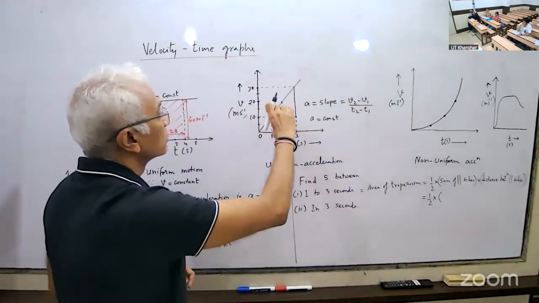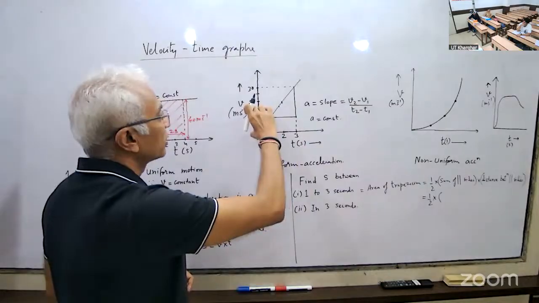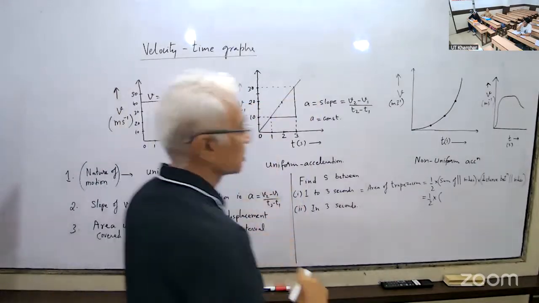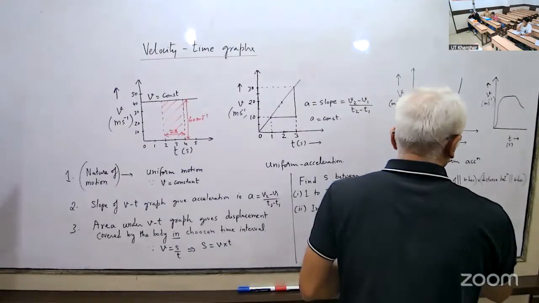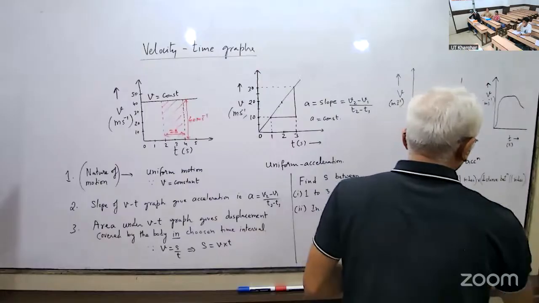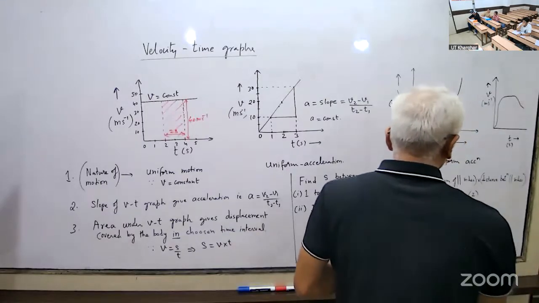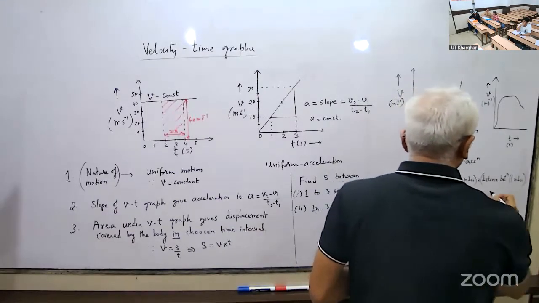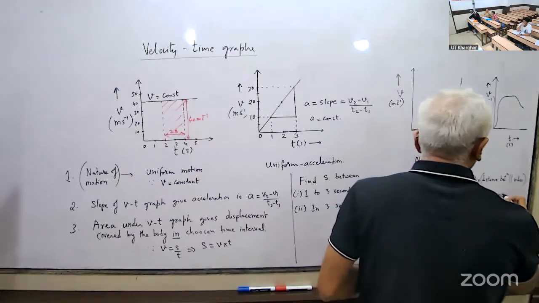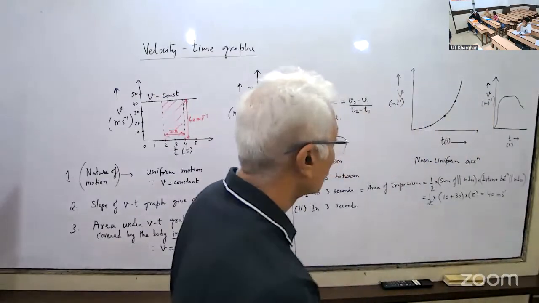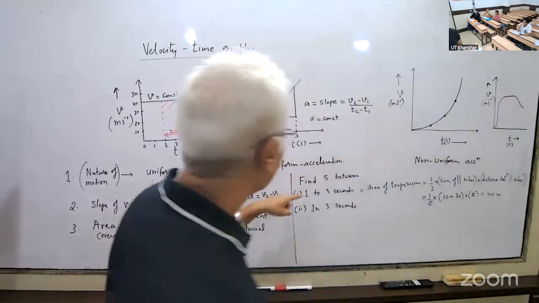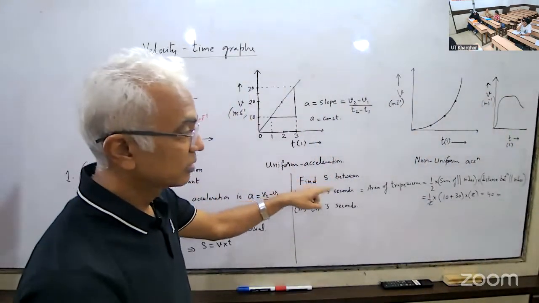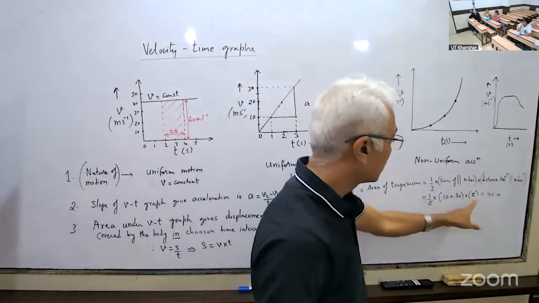This side is 10 meters per second and this side is 30 meters per second. 10 plus 30 is 40, and this is 2. The 2 cancels. What do we get? 40, but not 40 meters per second. We are calculating displacement, S, in meters. That was in seconds and this was in meters per second.